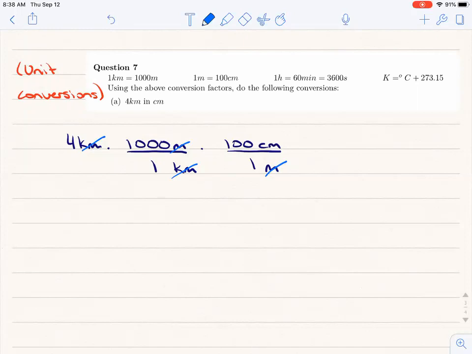Then you can bounce through and cancel the units as you go until you end up at the unit that you want. Of course, there are formulas, but you don't really need them if you're canceling appropriately. Just own your unit conversions.